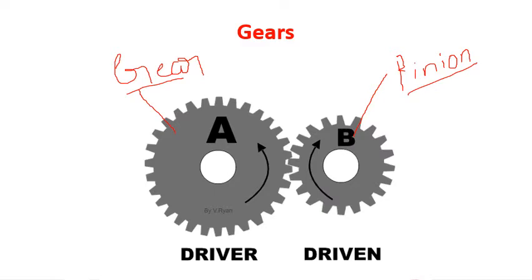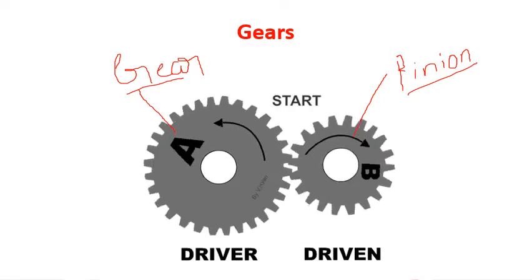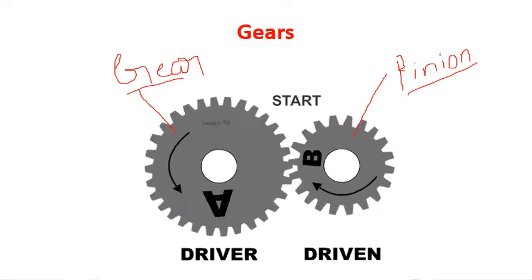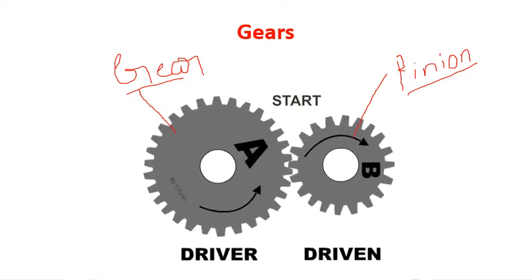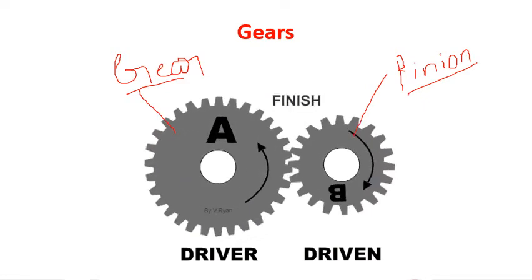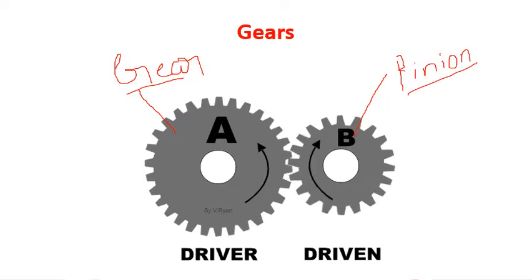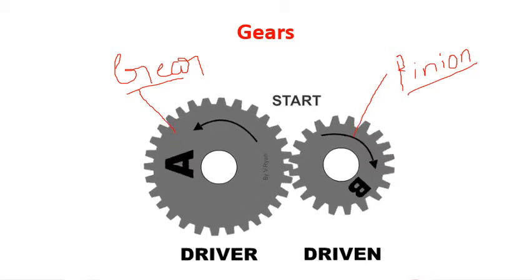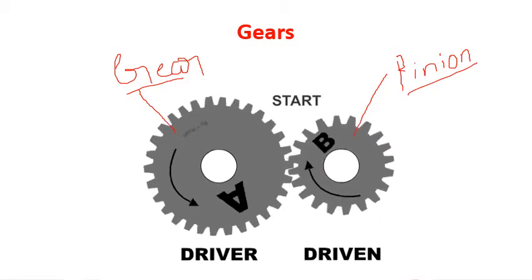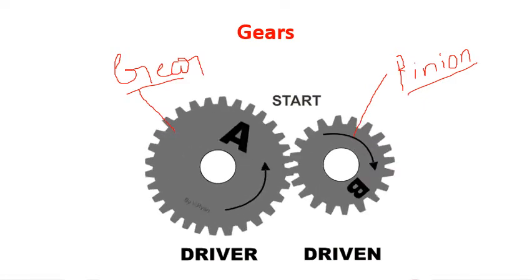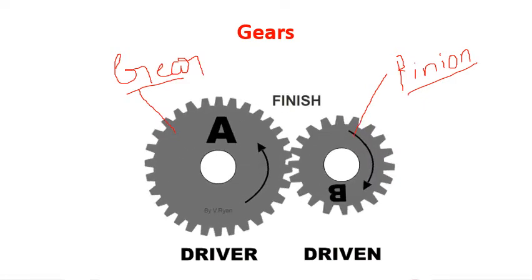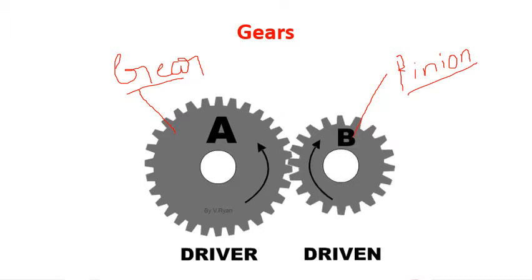This gear drive has got so many advantages and disadvantages. Let us see the advantages of this gear drive. Since they have physical contact, they are a positive drive because there is no slip between the driver and the driven, and it transmits exact velocity ratio. The loss of power or loss of motion is negligible, a very small amount.